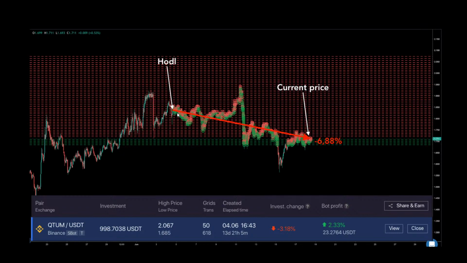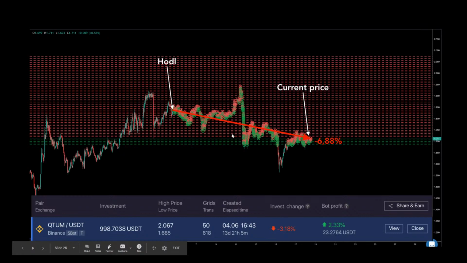Instead, you have the investment distribution, and it means that if the price falls, then it just starts buying more at a lower price. And that means that your entry price changes respectively, and in any case, you end up with this dollar cost average effect of having a better entry price to the market. And that's why you see here the result is minus 3%.